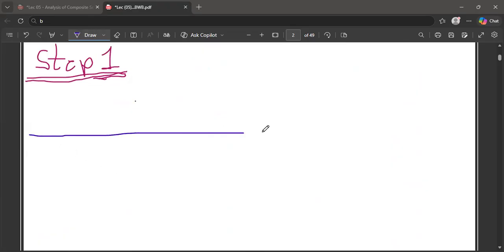So I'm going to draw a nice line, and we are going to write calculation of areas.